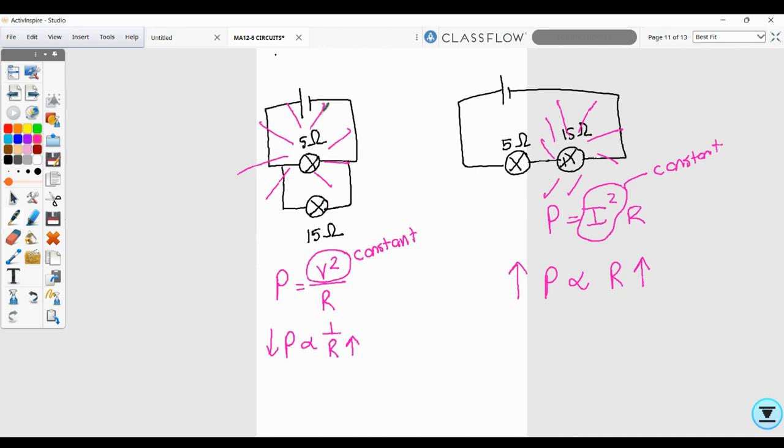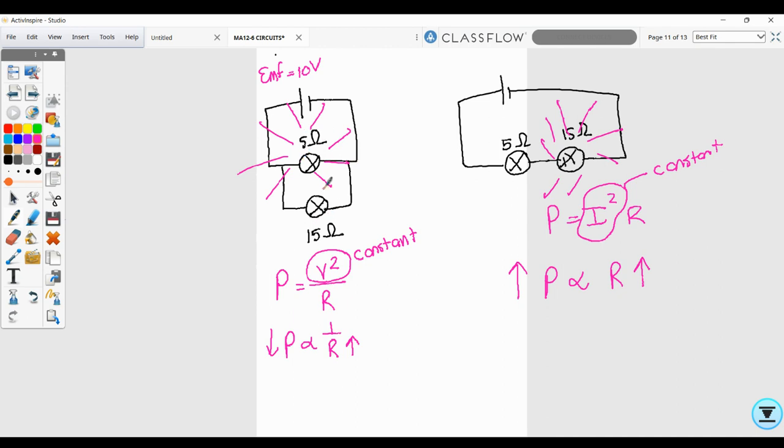Because voltage is energy, each of them gets the same. Let's say there's no internal resistance and the EMF is 10 volts. That means this one gets 10 joules of energy for every coulomb, and this one also gets 10 joules for every coulomb.